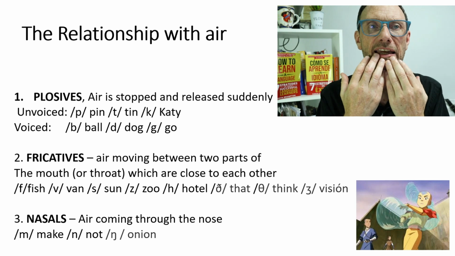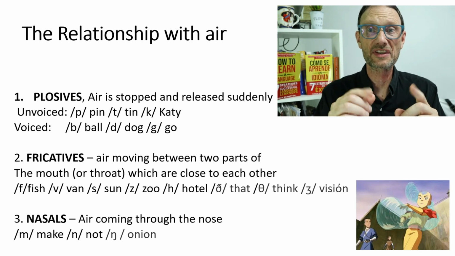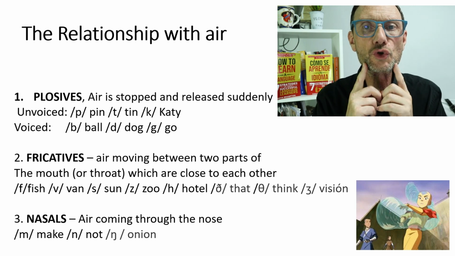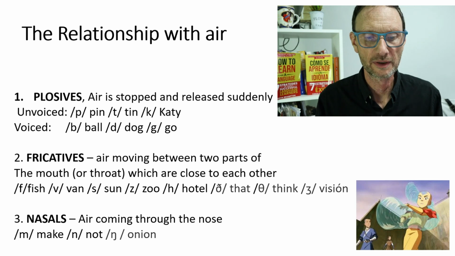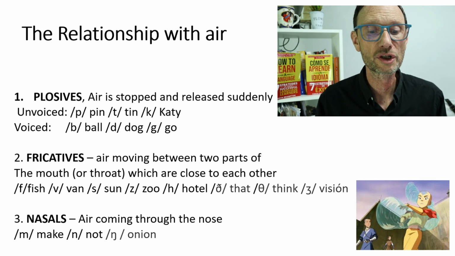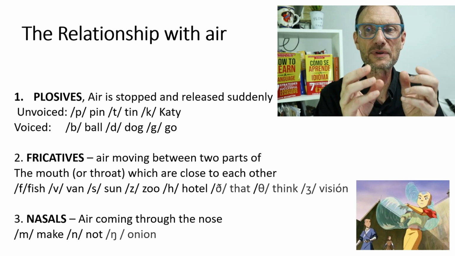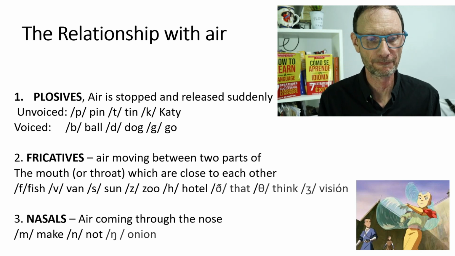The air's building and then p, pin. The same with tin, but not so much. So the air builds and t, tin. The same with k. Katie. You notice in English the lips open more than in some languages like Spanish.